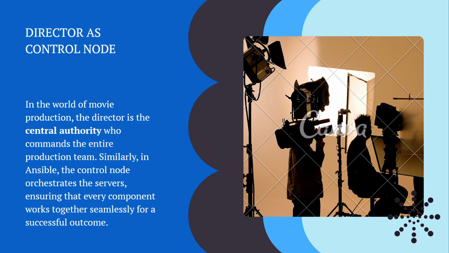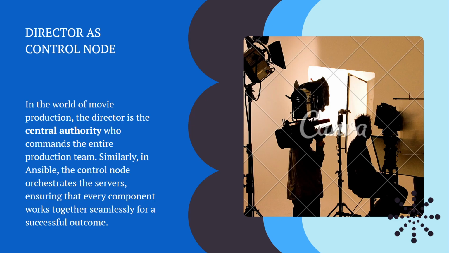Director as control node. So imagine the movie director as a control node. There will always be a master, a control node, who controls a movie set. It will always be a movie director.